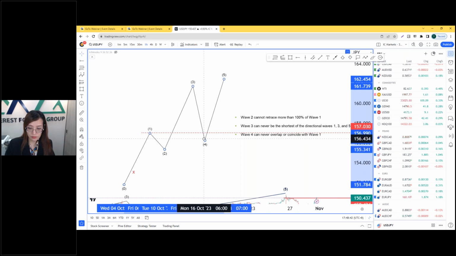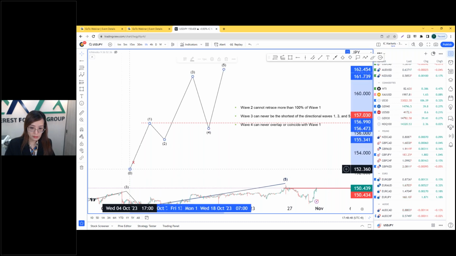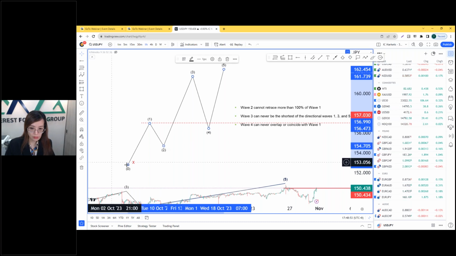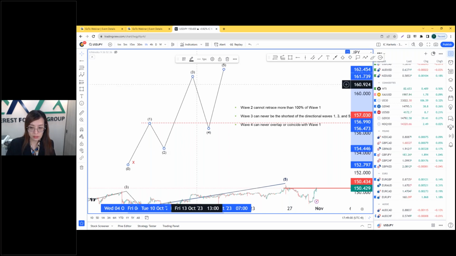If you identify wave 1, and then you see that wave 2 is not retraced below it, this is going to be Elliott wave already. Wave 3 can never be the shortest, but here it is longer than wave 1.